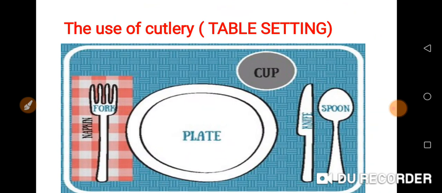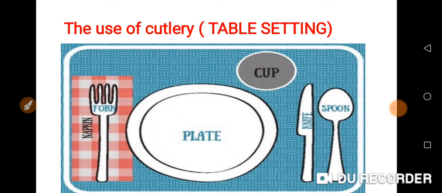Then the next one, I want us to take note of this: how to set a formal table setting. As you can see on the screen, we have our table at the center, our table mat, then the plate at the middle. Then at the right hand side, you can see the glass cup, it has to be there, table knife, spoon.